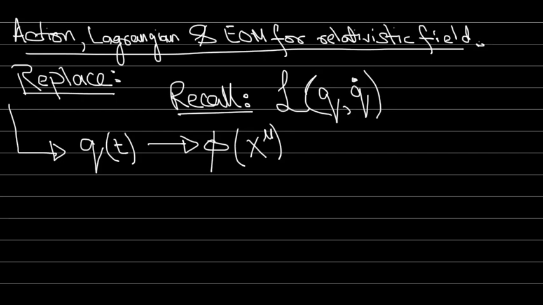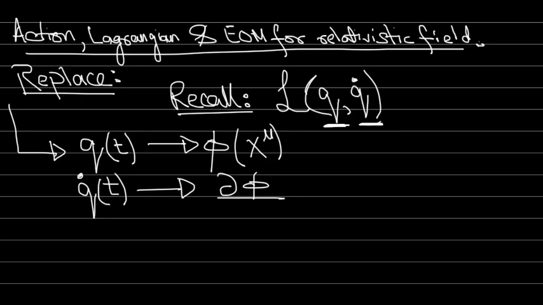And well, we are done with this part. We still have this one. So we replace the derivative of generalized position with the derivative of the generalized field with respect to this x mu, this 4 vector, right?